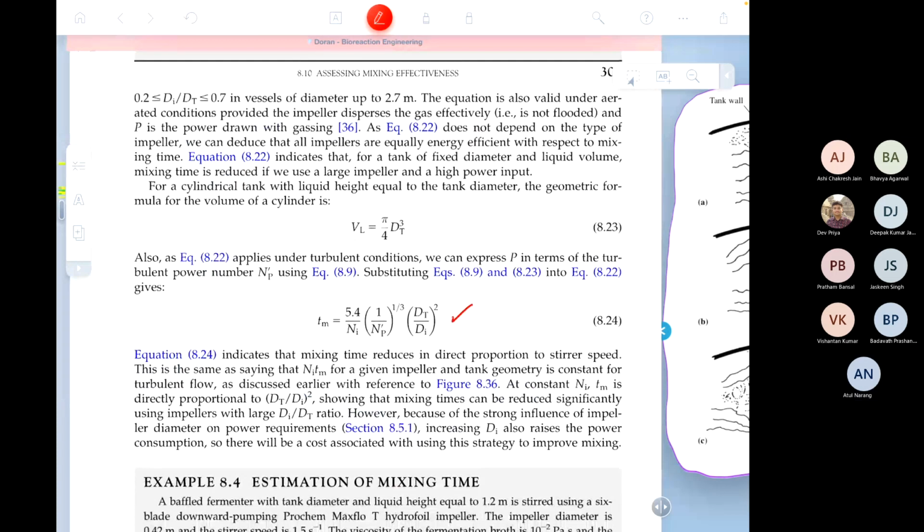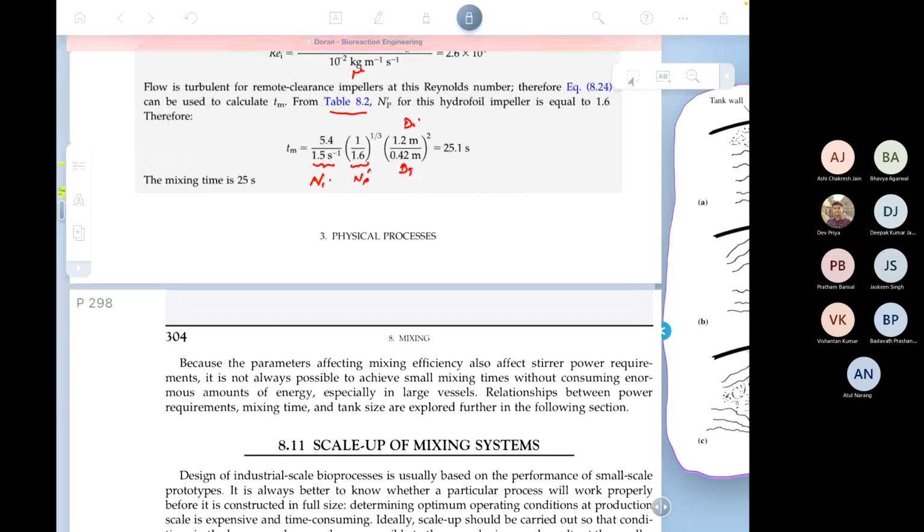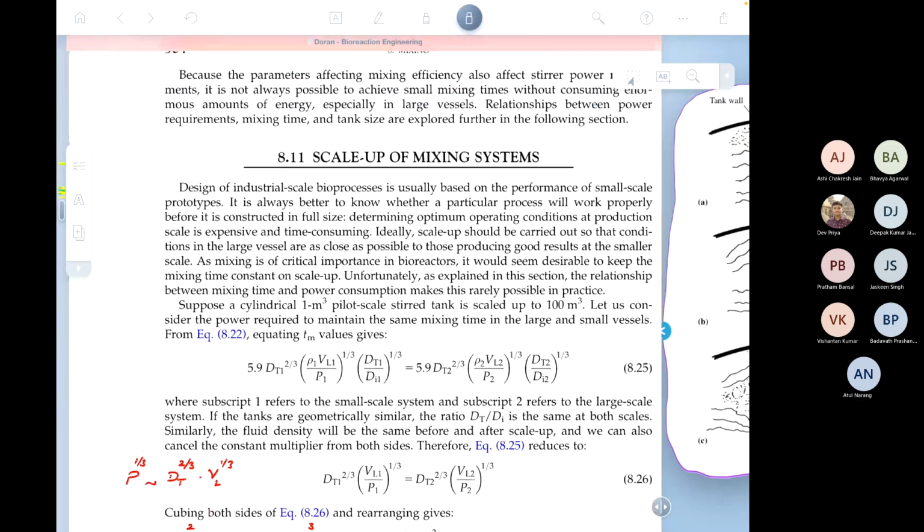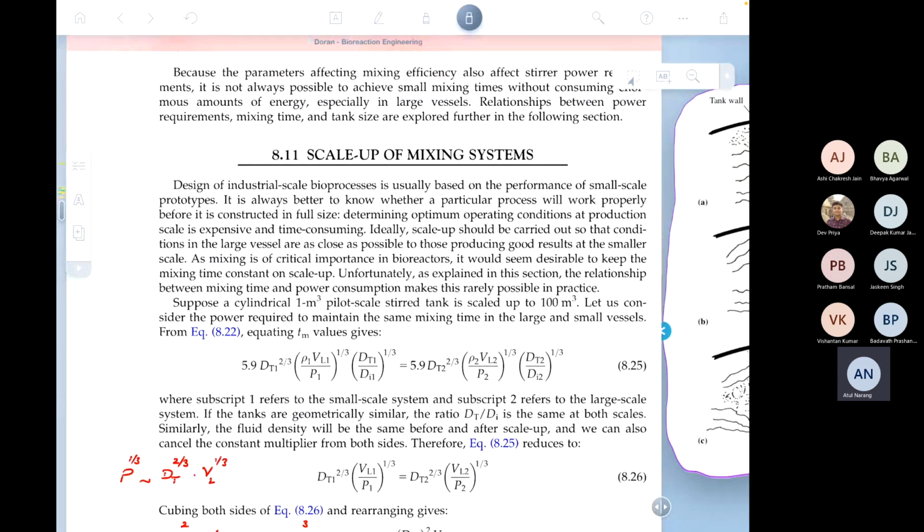It's actually easier to just explain to you what is done in the book. So here is an explanation. We're getting a little bit closer to the business of scale up.